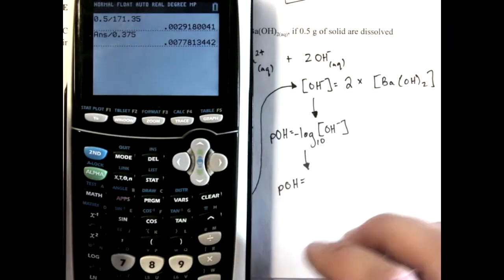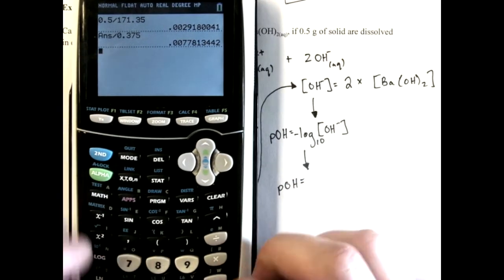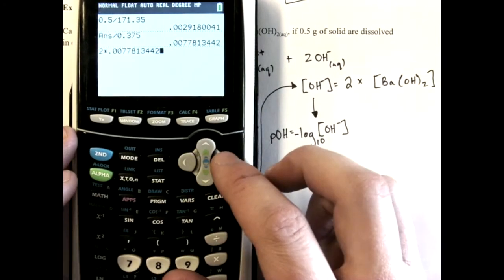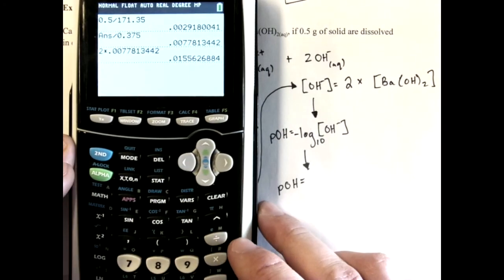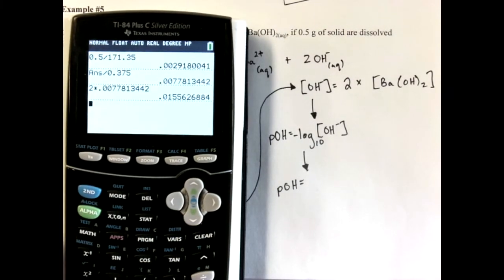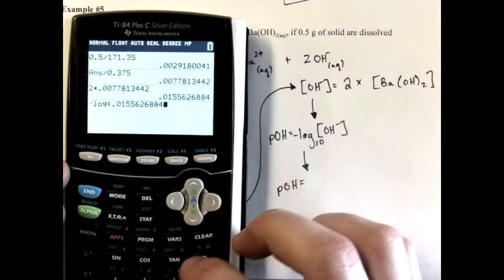So let's go ahead and find out what that is. I'm going to do 2 times this number, and then to find my pOH, I take the negative log of that number.